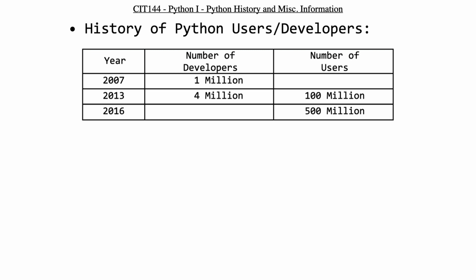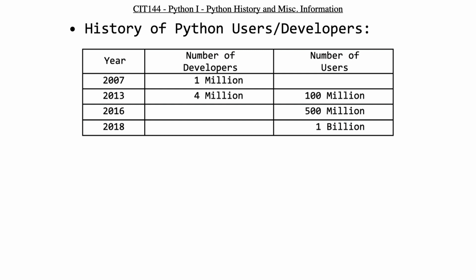The next point is 2016. They claim that there were 500 million users of Python. A couple of years after that, 2018, they said that there were 1 billion people regularly executing Python programs.